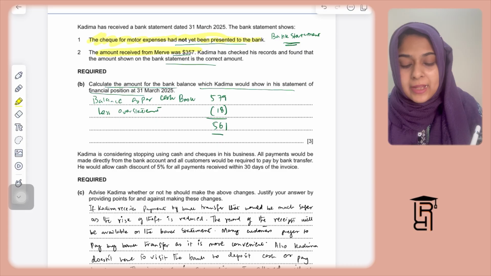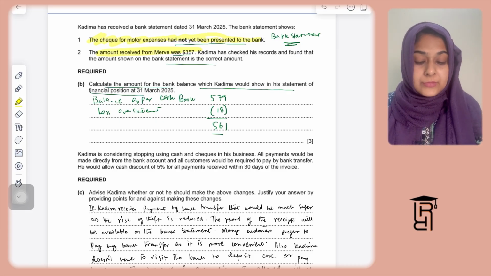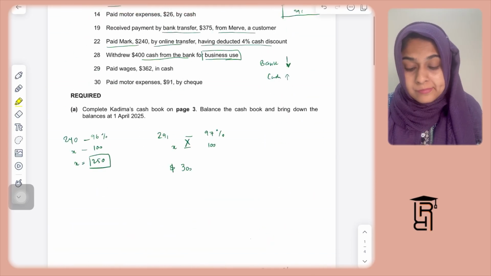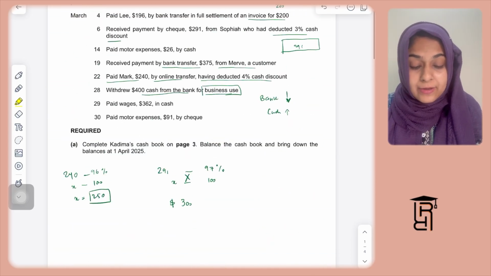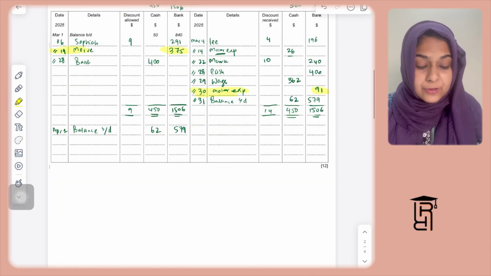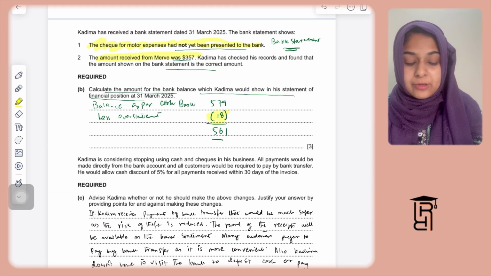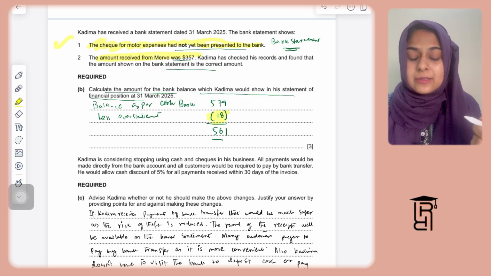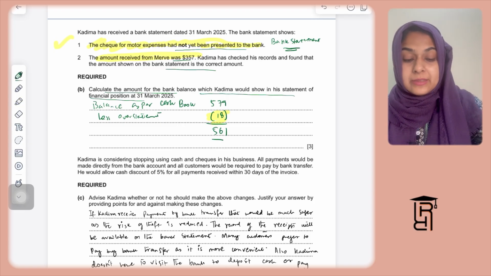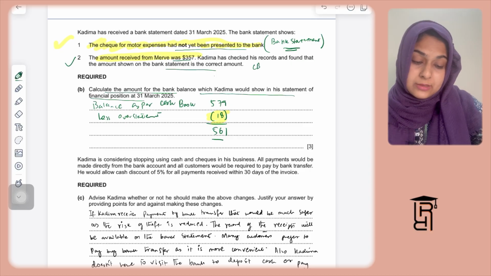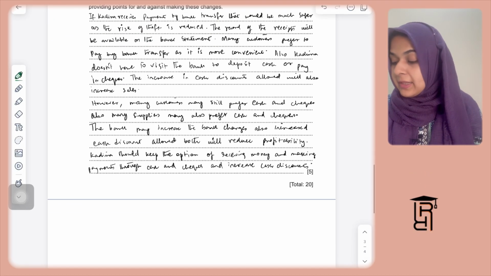However, the amount I have taken from Merv, I have recorded incorrectly. I recorded 375, although I should have recorded 357. That overstatement I need to correct, and that's it. For the first one I would need to correct the bank statement balance, but for the second one I need to correct the cash book balance, which I have corrected in part B.